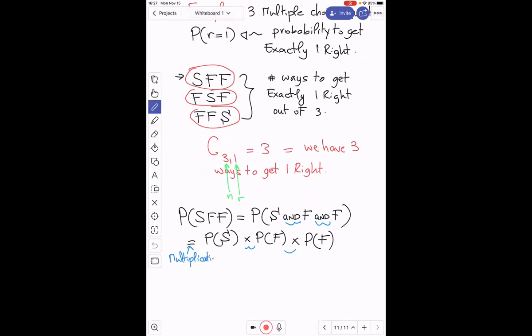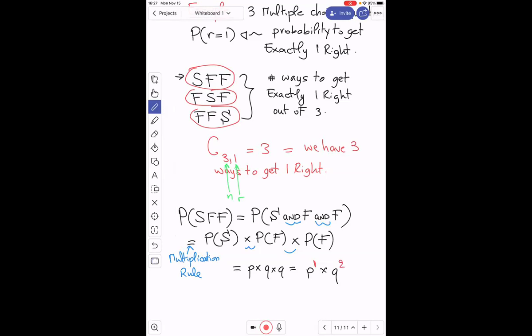The probability of success, that's my P, times the probability of failure, that's Q, times Q. So this is P to the power 1, because you get one right answer, times Q squared, because you're going to fail in the second and the third.